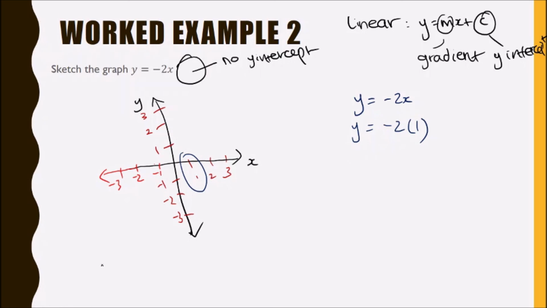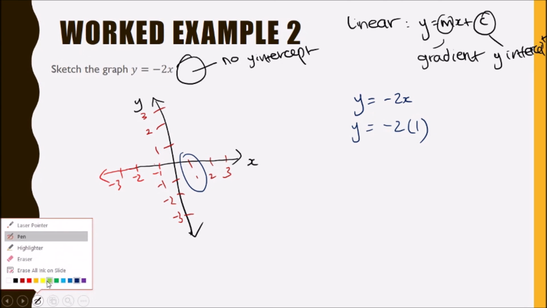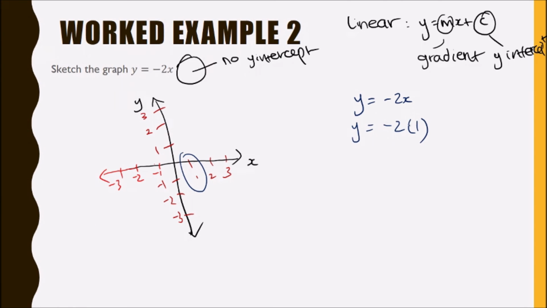The imaginary symbol between -2 and 1 is times. That's what makes them best friends, all right? So y equals 2 times 1 is 2, and a negative and a positive is a negative. So when x is 1, y is -2.